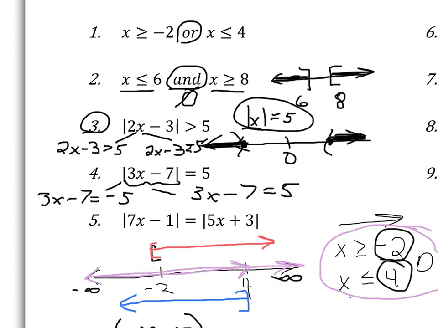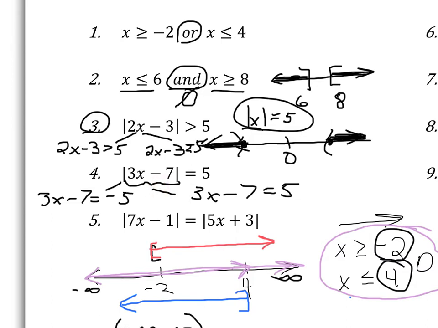That shows you the distance from 0. And what you have to do is solve for x. X will be different in this case, but the distance you're talking about is 3x minus 7. It's whatever's in the absolute value.